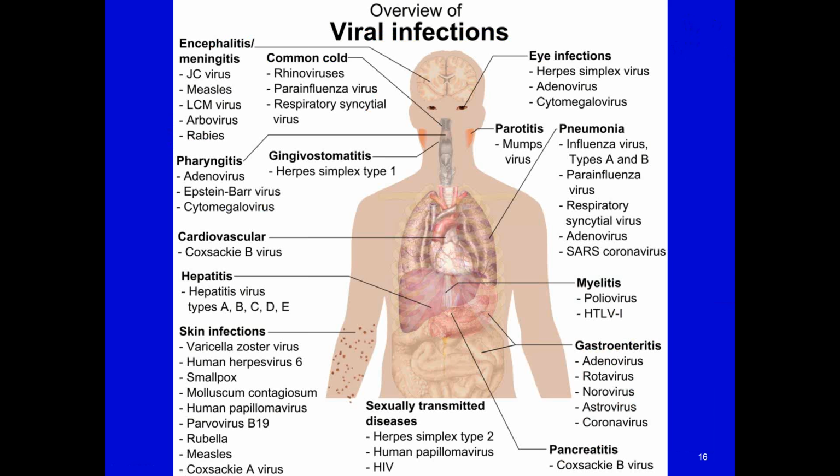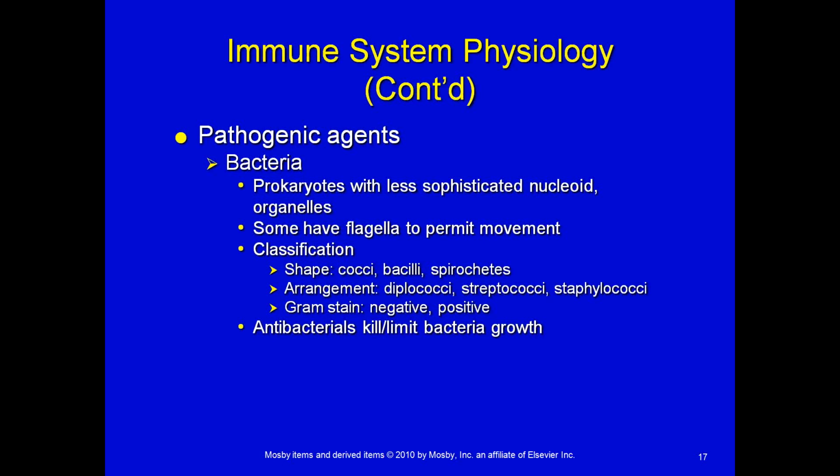Sexually transmitted diseases like herpes certainly can affect the genitals or the reproductive organs in both men and females. Eye infections can be caused by the herpes simplex virus. Pneumonia can be caused by influenza A or B, parainfluenza, RSV, adenovirus, SARS, coronavirus. All of those different viruses can affect different parts of your system.